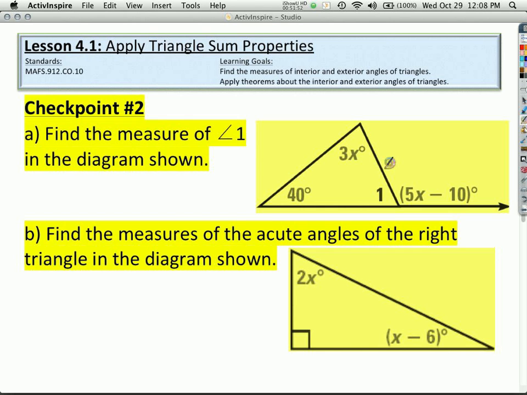Number 6, what'd you get? Okay, so we have a disagreement. Number 2. 65. Okay, so we have a disagreement, and it comes out to 65. So Yamara, you found me the external angle. I asked for angle 1. Look at the diagram again.